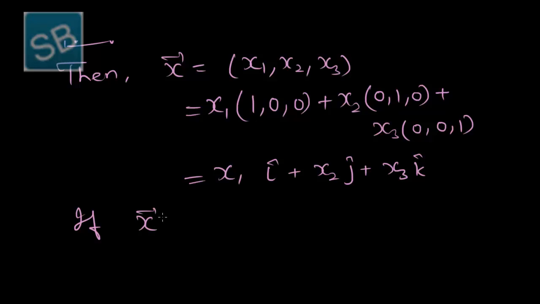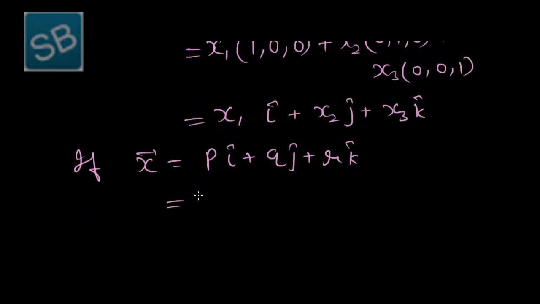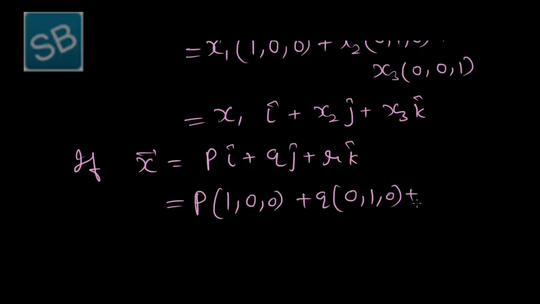If vector x = pi plus qj plus rk, now substitute the values of i, j and k. That is p(1, 0, 0), q(0, 1, 0), r(0, 0, 1).